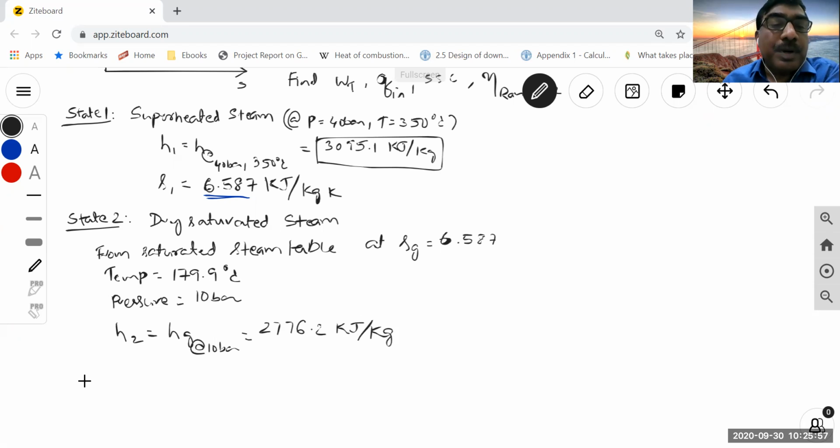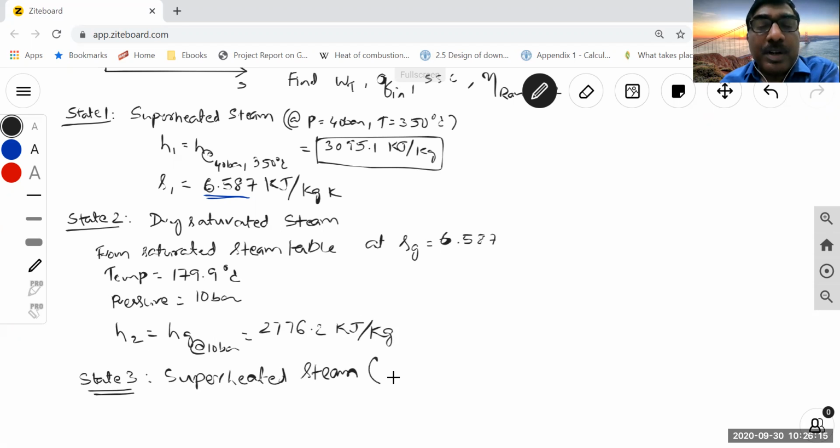Now we have to find out what is the H3. So state 3. What is the state 3? State 3 is again superheated steam. And what are the conditions?